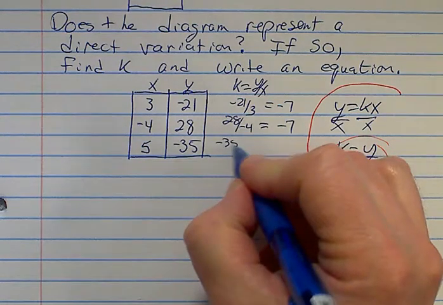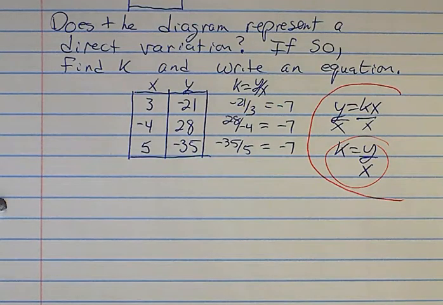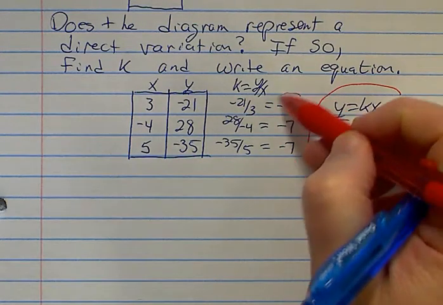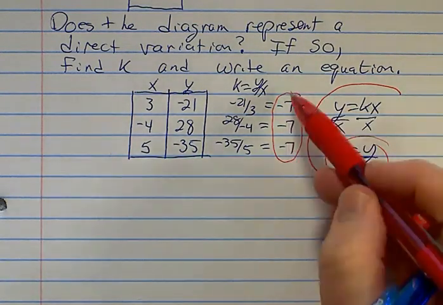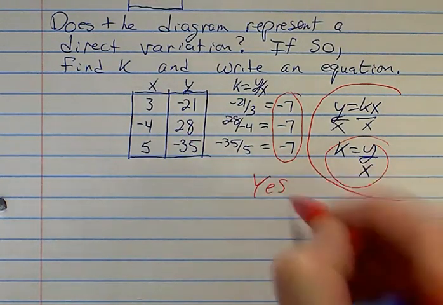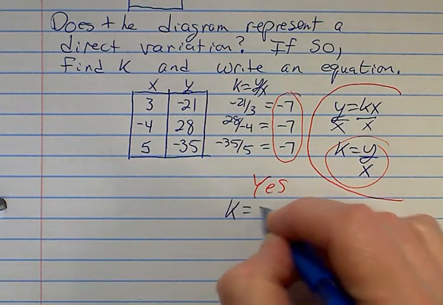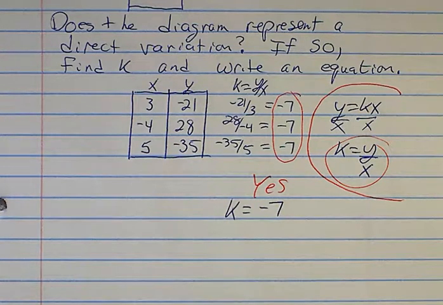Negative 35 divided by 5. Also negative 7. So they all came out to be the same number. And if they all come out to be the same number, then that's a yes. It is a direct variation equation, because we're doing the same thing over and over for all these parts of it. So the k value is -7.